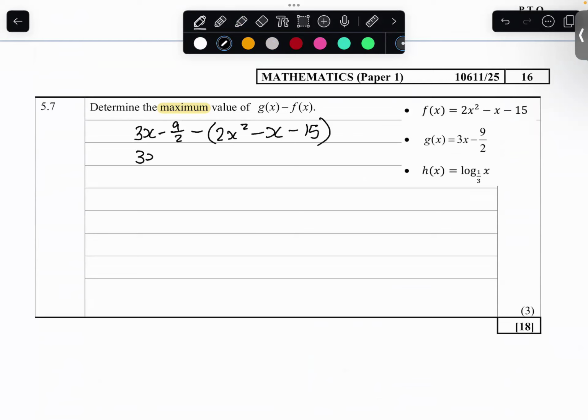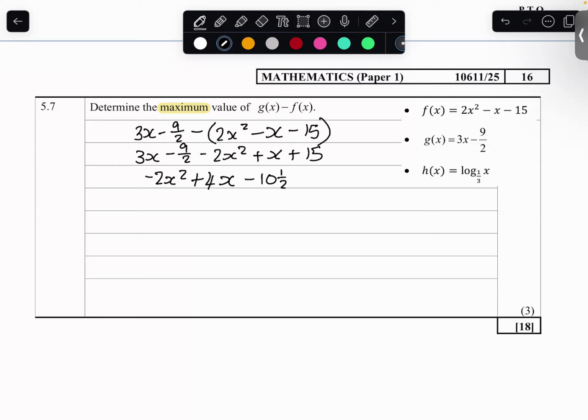Then this is going to give me 3x minus 9 over 2 minus 2x squared plus x plus 15. Add your like terms. That's going to give me minus 2x squared, plus 4x, and then, 1 second, let me punch this in. Negative 10 and a half. Yeah, it's 10 and a half.